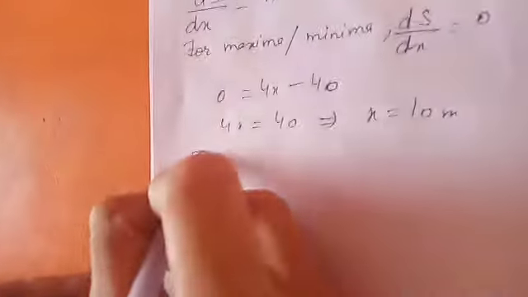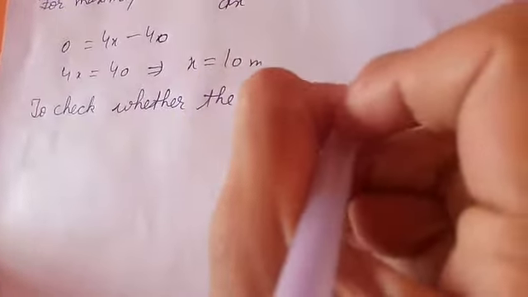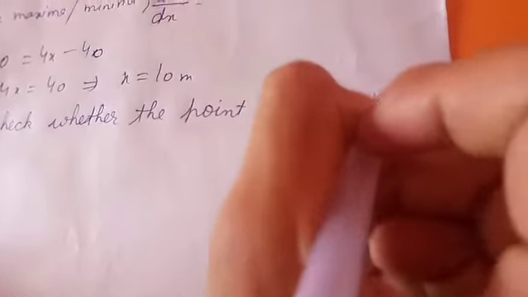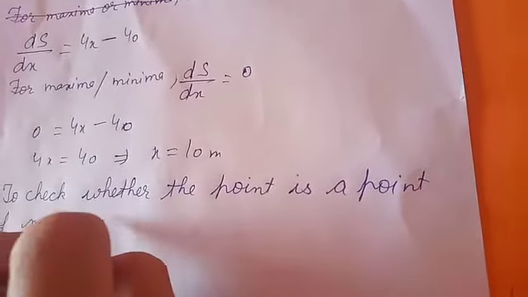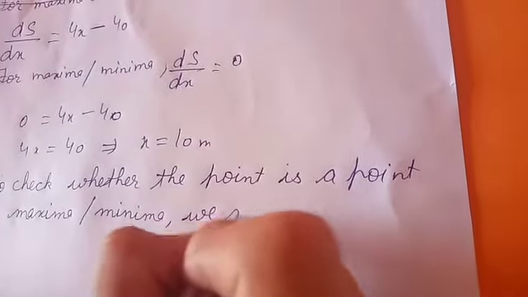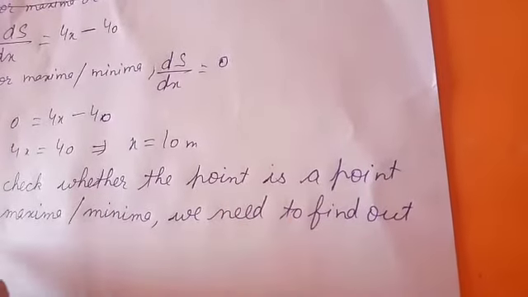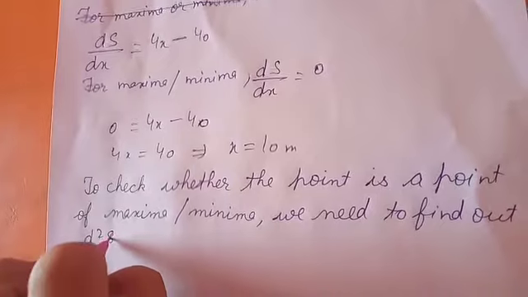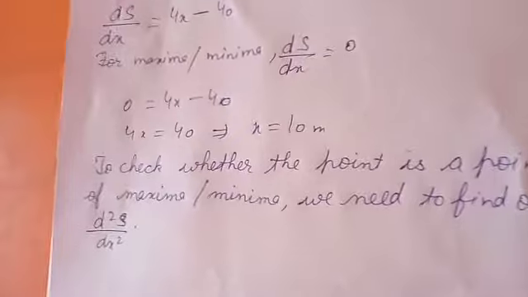But to check whether the point is a point of maxima or minima, we need to find out d square S by dx square, means double derivative we have to do.